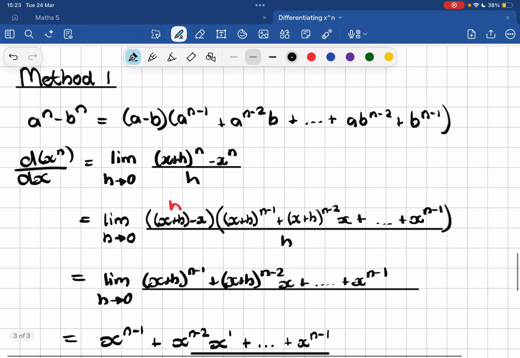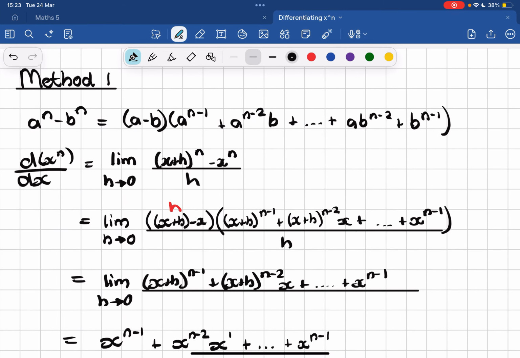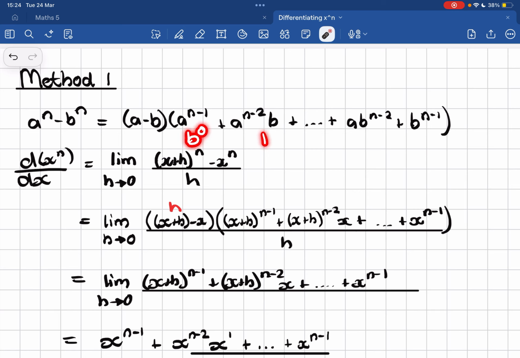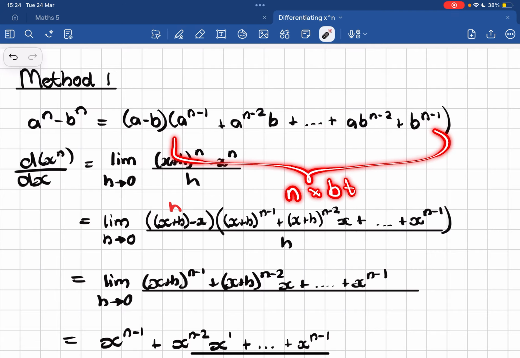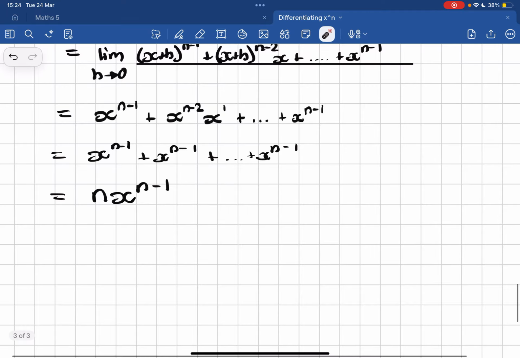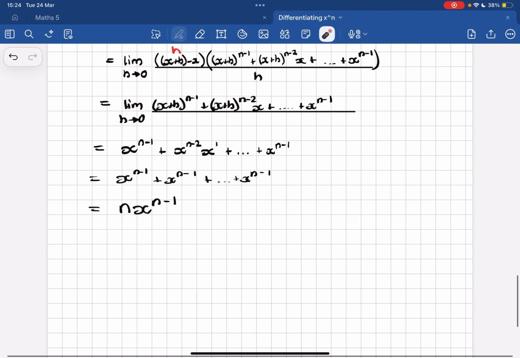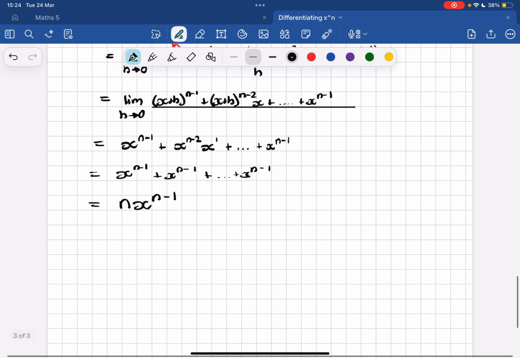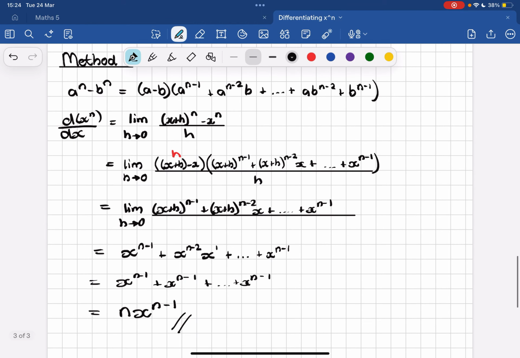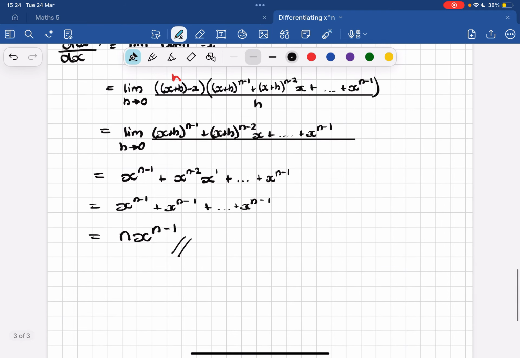The reason we have this term repeating n times is that if we go back up here to this bracket, we had b0, b1, up to b(n-2), b(n-1), so we had n b terms. So then we can say that we have n times x^(n-1) terms, which shows that, yeah, that's proven. The derivative of x^n is n times x^(n-1).